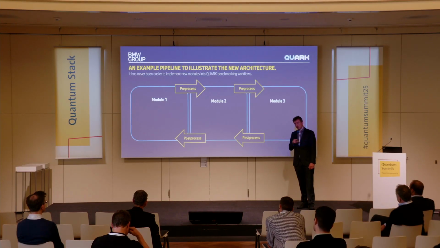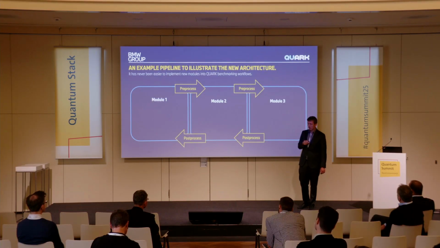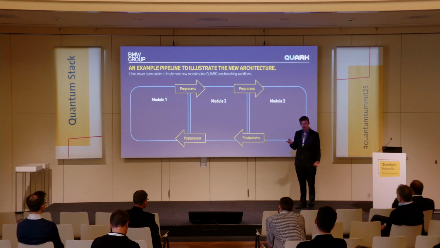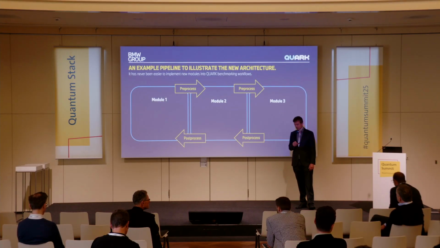Then in the post-process, the result of the quantum hardware you're running your circuits on is then interpreted such that at the end of the post-process you get the results that you're looking for and the solution to your problems.